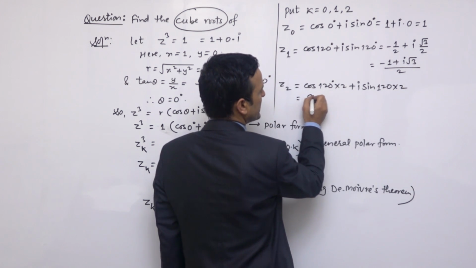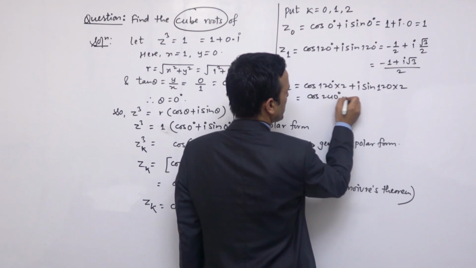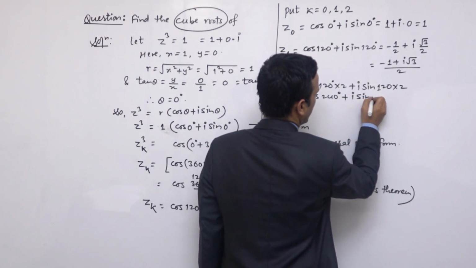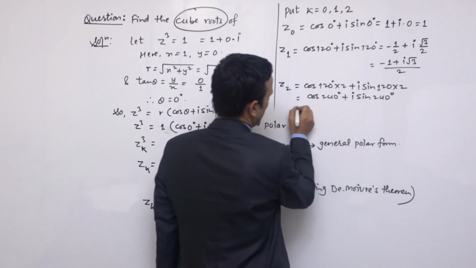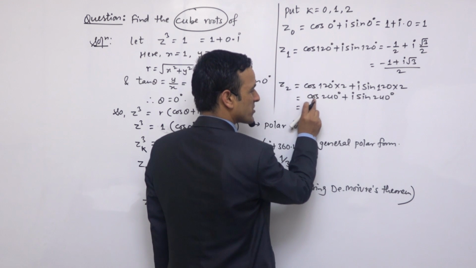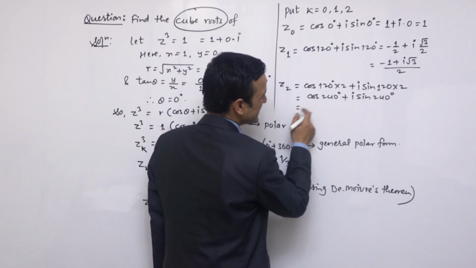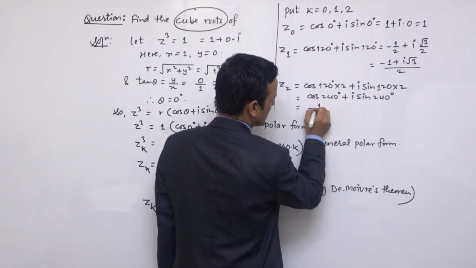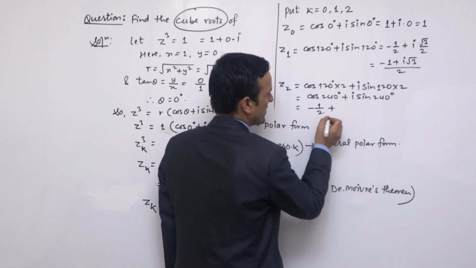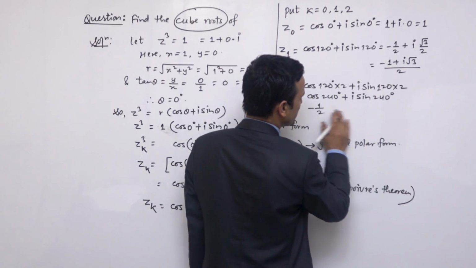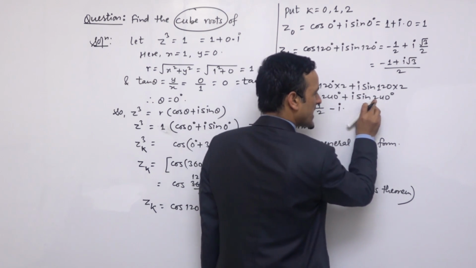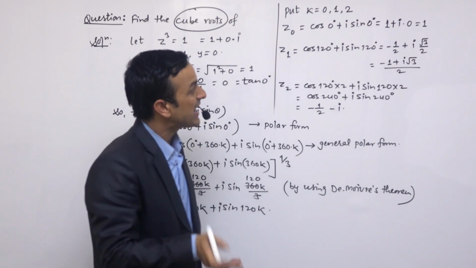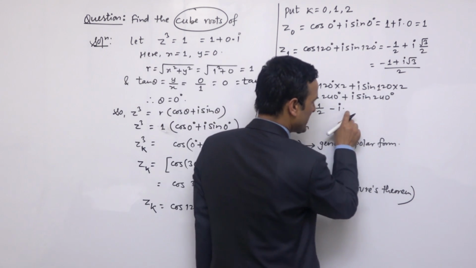If we solve it, it will be cos 240 plus i sin 240, and its value is cos (180 plus 60). So cos 60 means minus 1 by 2, plus sin 240, which is also sin (180 plus 60). It lies in the third quadrant and its value is negative.